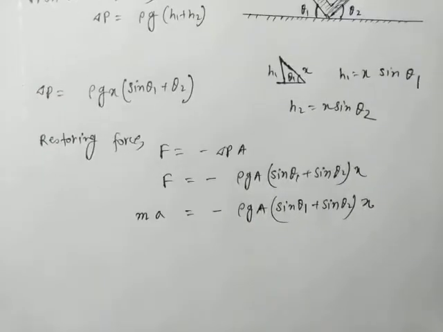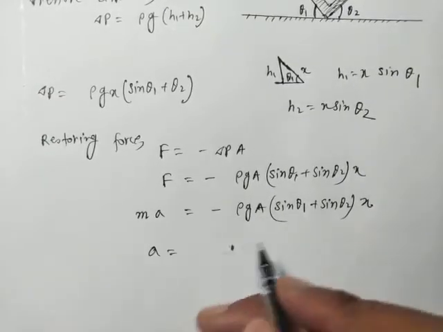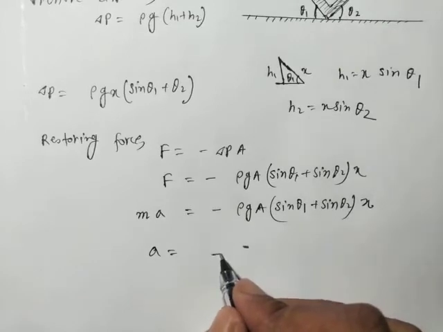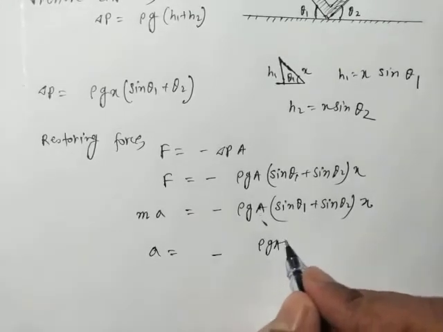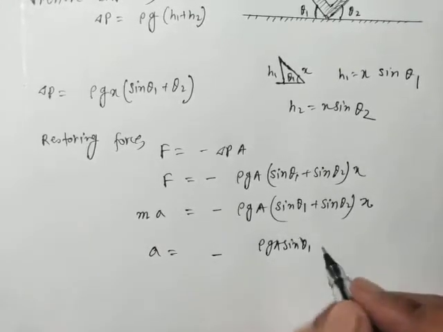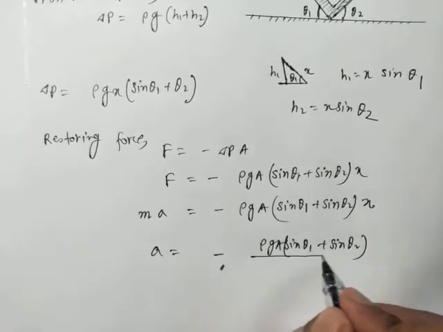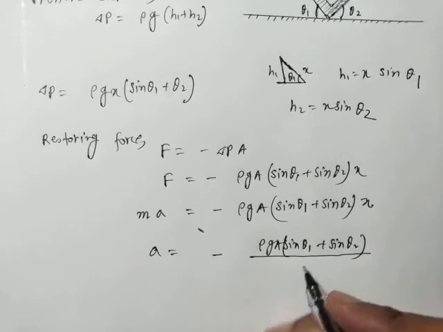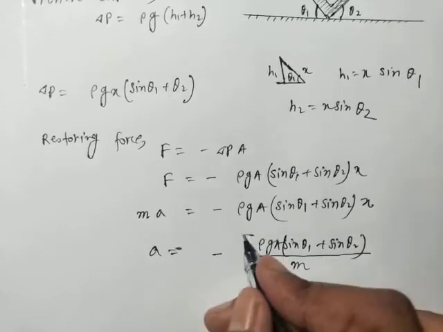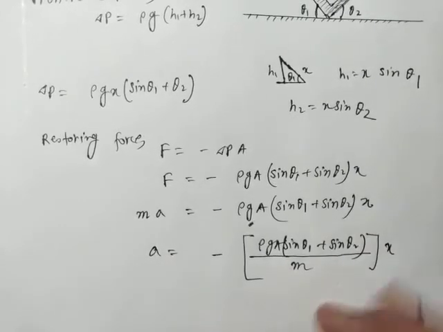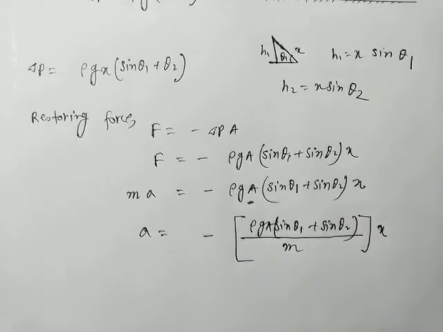So what will be the acceleration? Acceleration will be minus rho g A (sin theta 1 plus sin theta 2) divided by m, into x. This will be the acceleration.